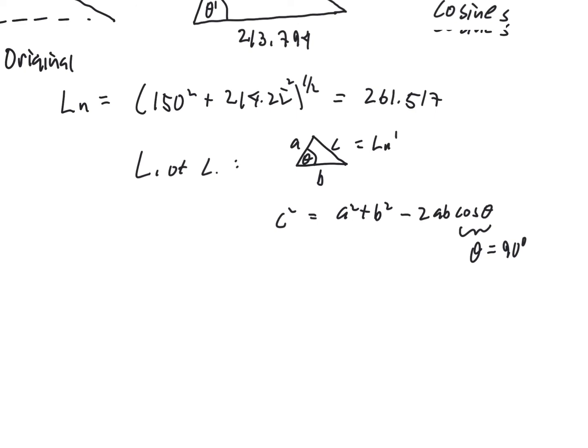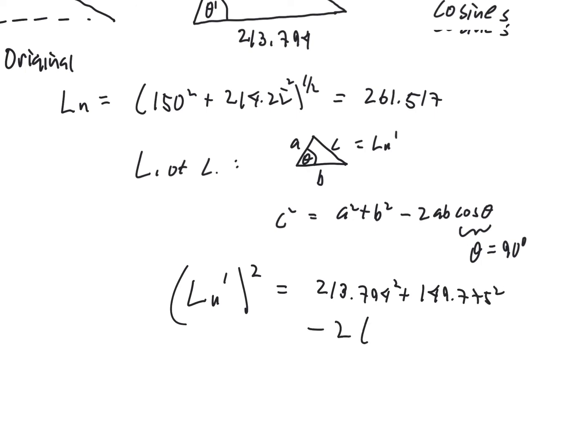So cranking this thing out, we get L sub n prime squared is equal to the original new side. So the A squared, doesn't matter which one's which, 213.794 squared plus the vertical length, that's 149.775 squared minus twice AB, 213.794.